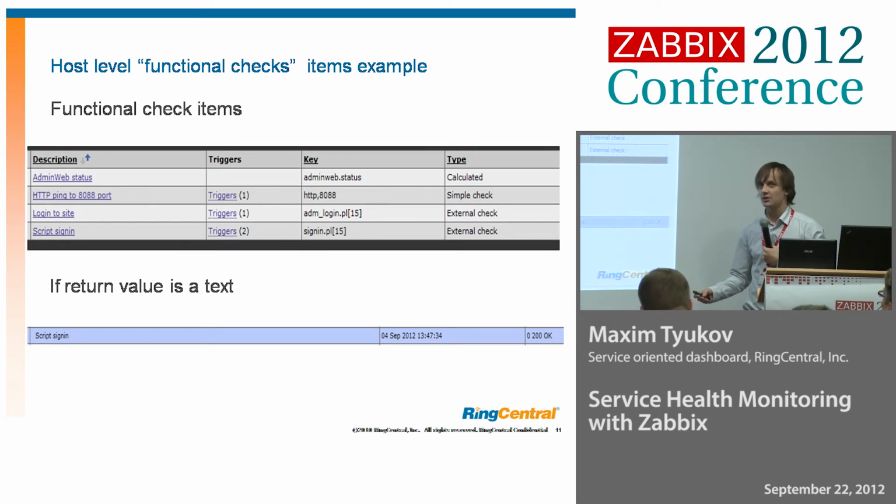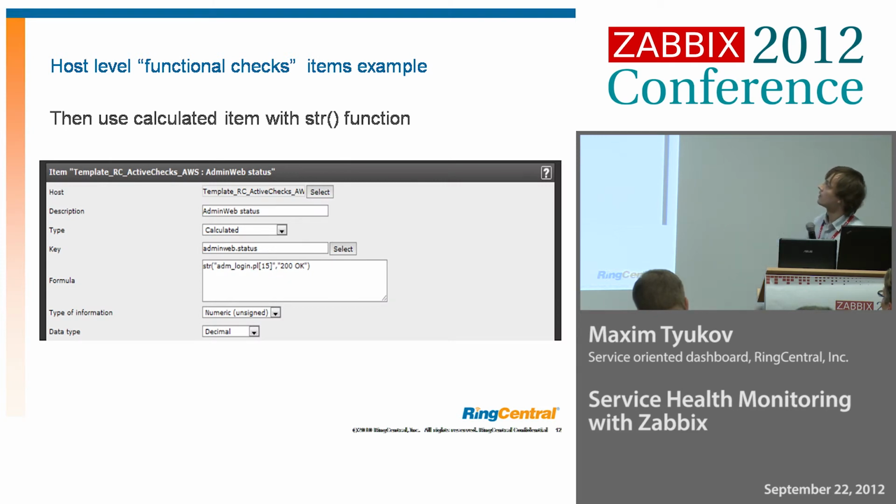If you use such checks and need more additional information, you can use not only binary data but text data, like here, just for additional information. If you have text data, it can be easily converted to binary via an additional calculated item with a string function, like here. This item will return 1 if the string exists, and 0 if it does not.